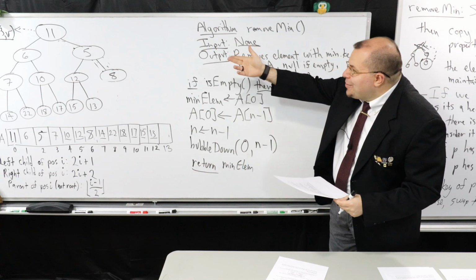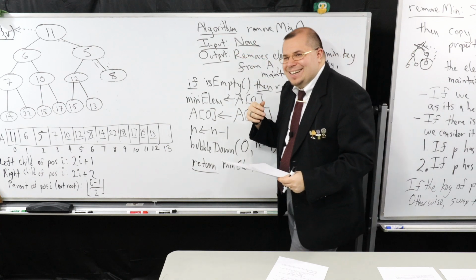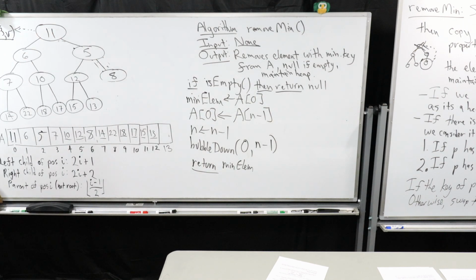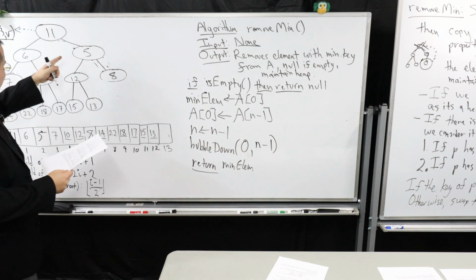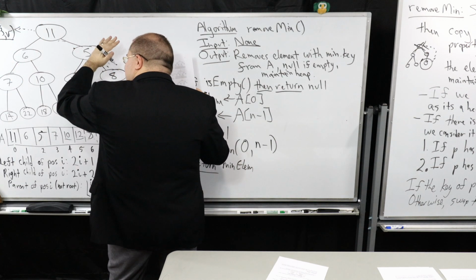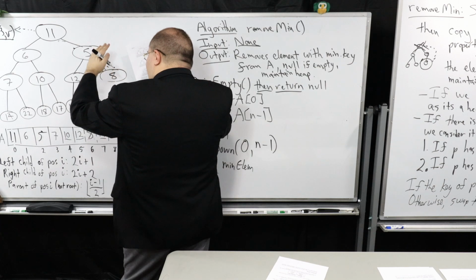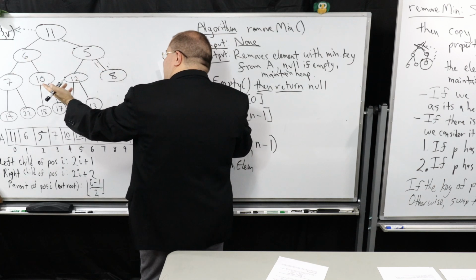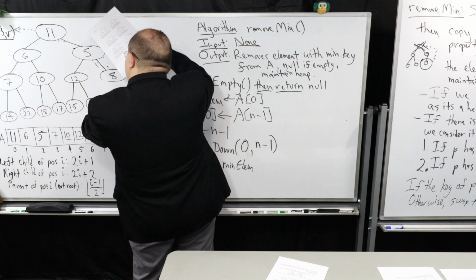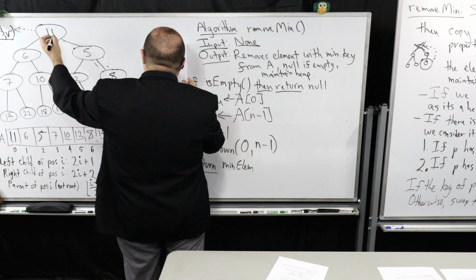You have to pick one of them. 5, yeah, you pick 5. It's the lesser of these 2 keys. Remember, there's one child that guarantees it's going to be on the left. If there's 2 of them, I have to pick the lesser of these 2, and then I compare them. 11 versus 5. I better bubble down.